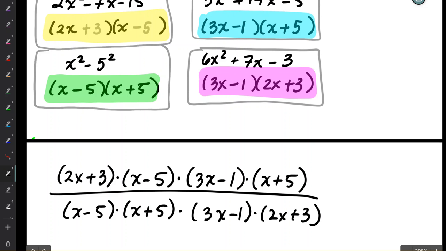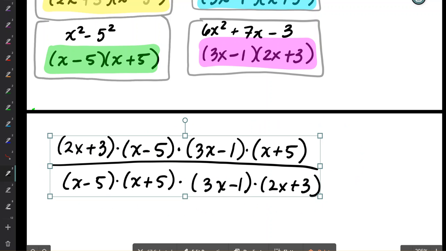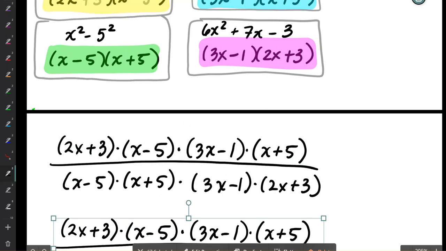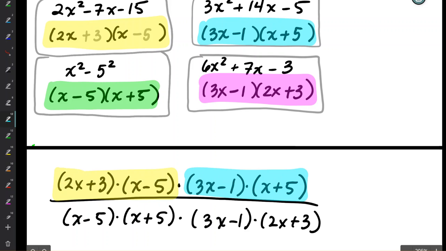I am going to get color on here, but I want one without color saved, right? So here we just multiplied fractions straight across. Yellow times blue all over green times pink.